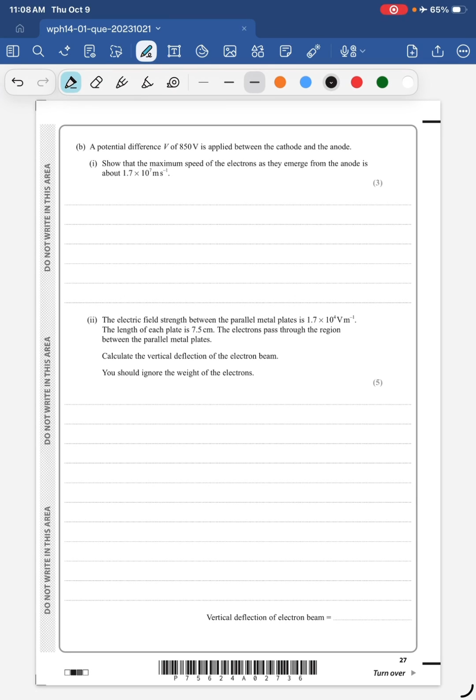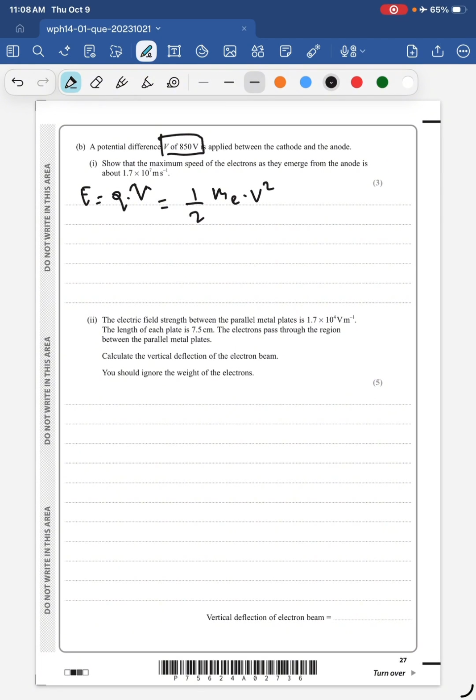Remember that the energy of some charge inside some potential difference is simply Q times V. So the potential difference is this, and the charge is the charge of one electron, and this should be equal to 1/2 times the mass of the electron times the velocity squared.